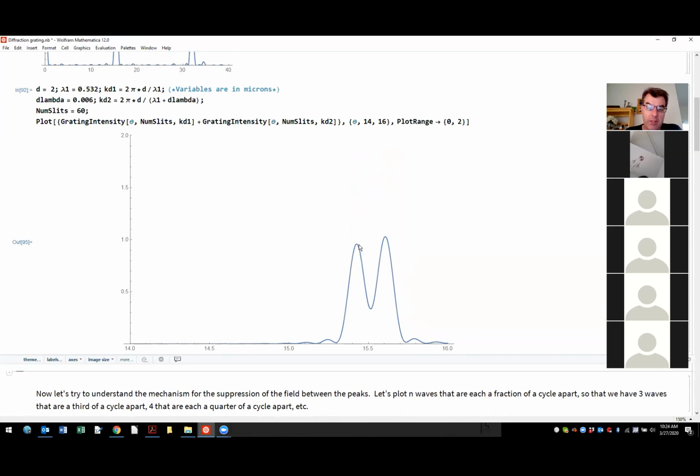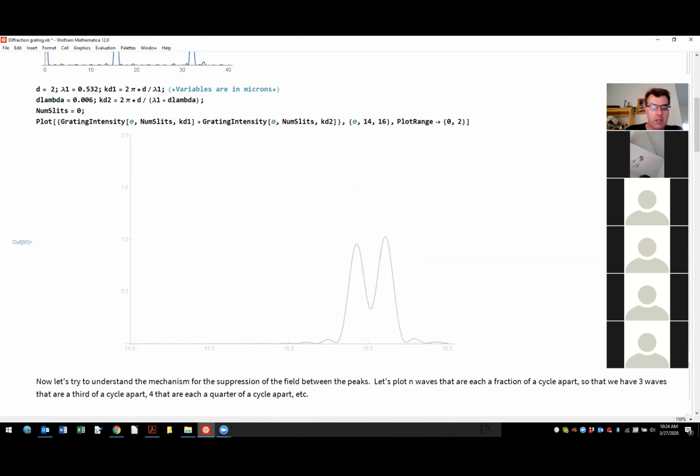Exactly how much 532? I don't know. We're going to have to do some very detailed analysis. And we can do that math, but it would take a long time. But if we have a large number of slits, it takes a while for Mathematica to simulate it, but that's okay.